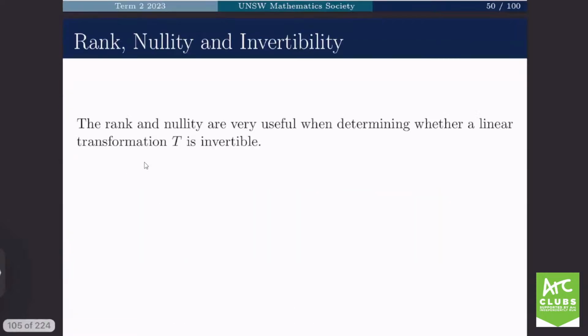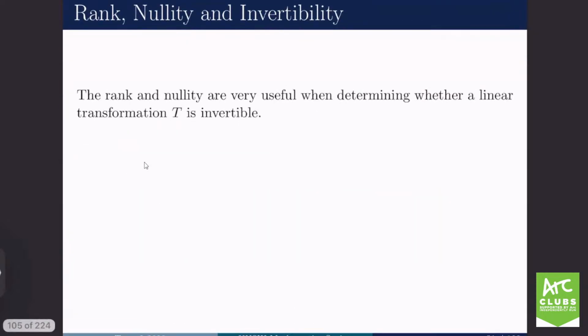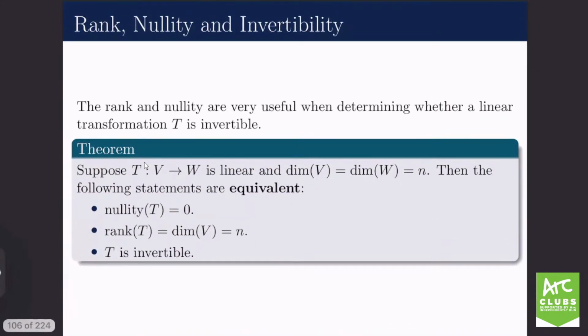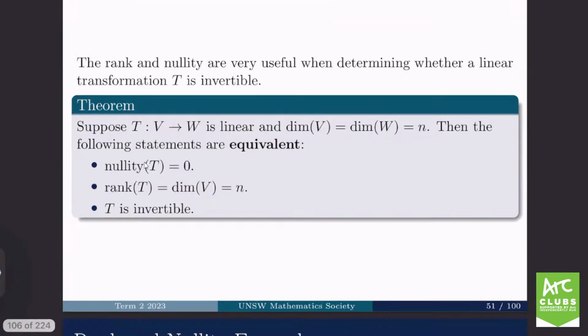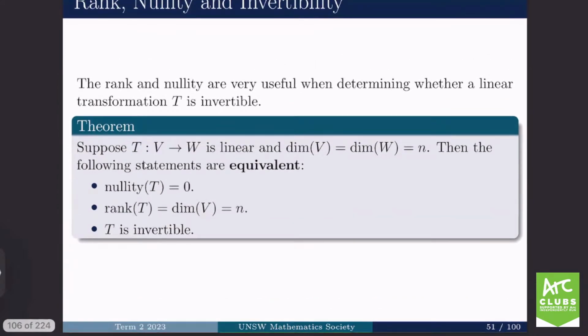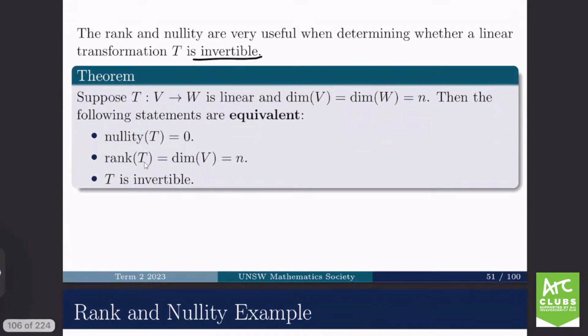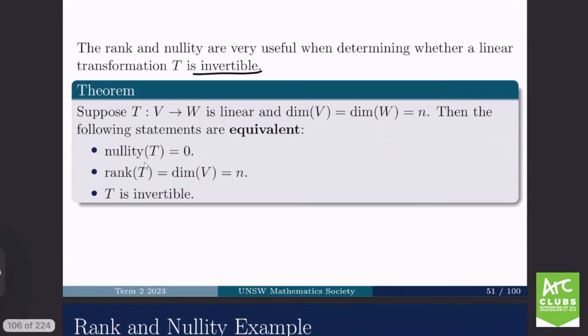Moving on to another useful property of rank and nullity. They help us determine whether a certain linear transformation is invertible. In particular, these three statements are all equivalent. The nullity of T equals 0, which is equivalent to saying the kernel of T is only the 0 vector.